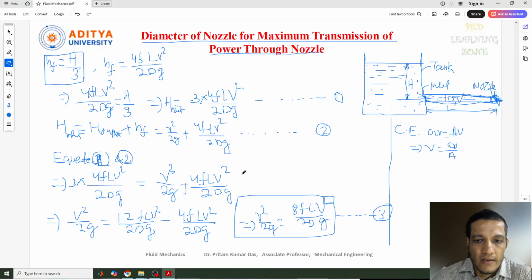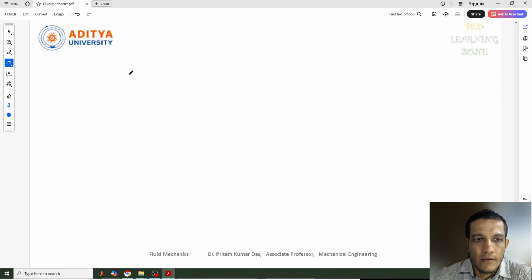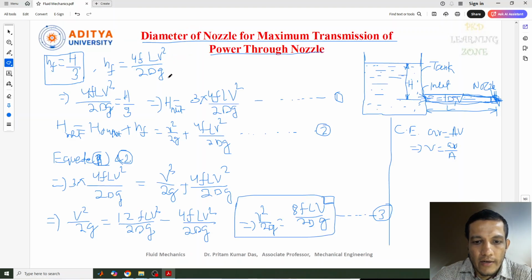Let me write in the next slide. Here just put the value of capital V there. So we can write 8fl, and in place of V we write a v square, over 2dg, and A square, and on the right hand side we write v square by 2g.